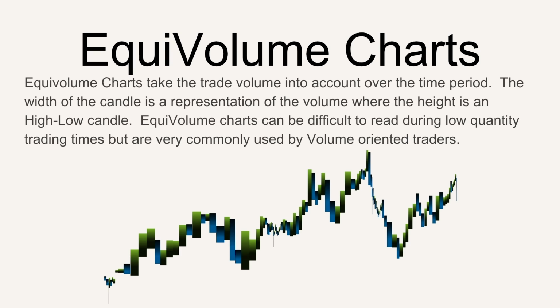One thing you'll see with the equivolume charts is it doesn't show you the open and close. It just really shows you the highs and lows of the candle. And so right here on this candlestick, we reached a low of this price, a high of this price, but we're not sure where it opened or where it closed, which means we don't know where this candle started.